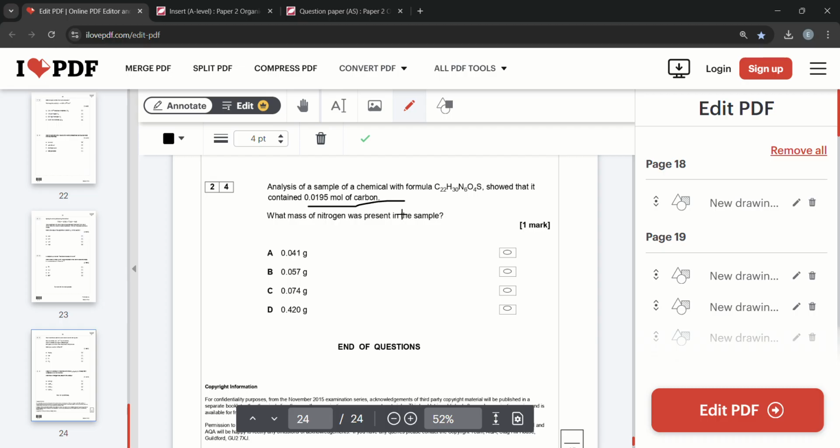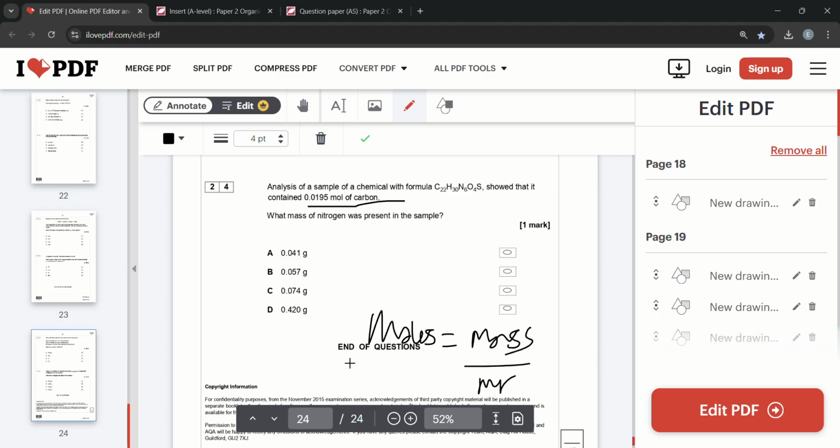So I can find out the mass of carbon and then work out the mass of nitrogen. That's all I think can happen in this question that we can try.